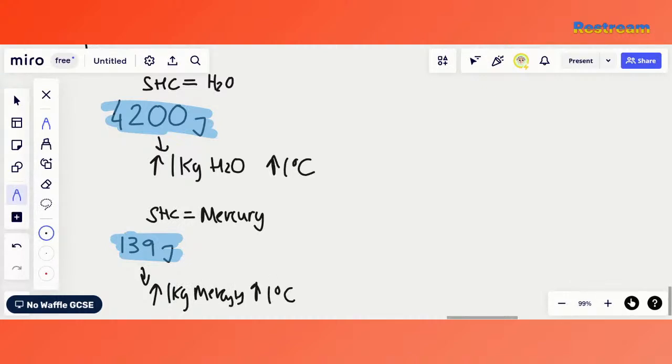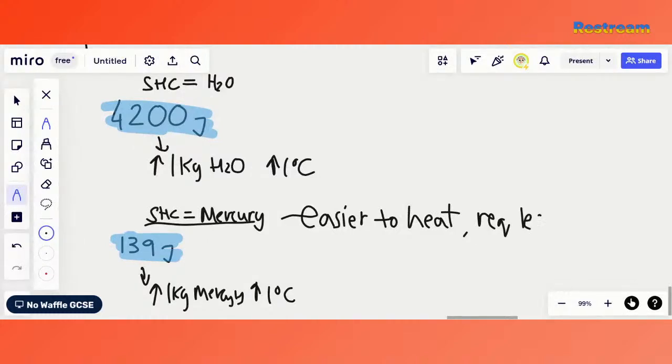So if we were to compare these two materials, what does this suggest? This suggests that mercury is much easier to heat. And the reason why it's easier to heat is because it requires less energy. But this also means that because water requires more energy, it sustains this energy for longer.